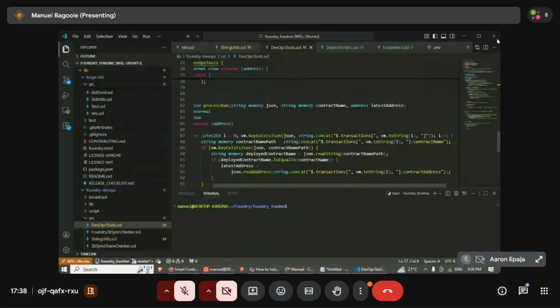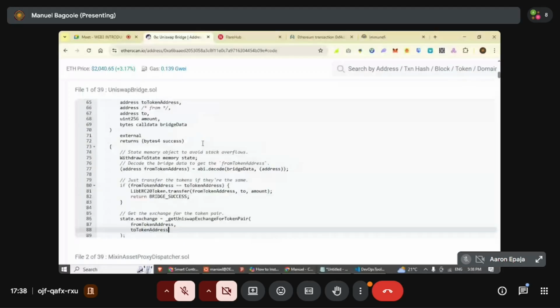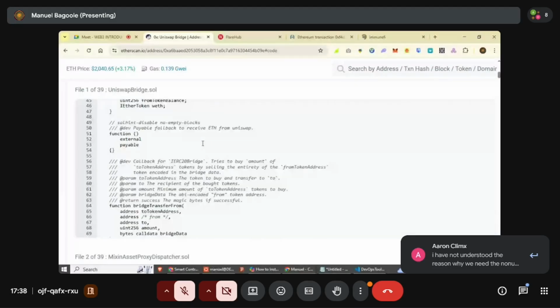So yes, this is what a smart contract would typically look like in Solidity. There's also another embedded language called Yul, which is a little bit more advanced, but we could also do it later on.